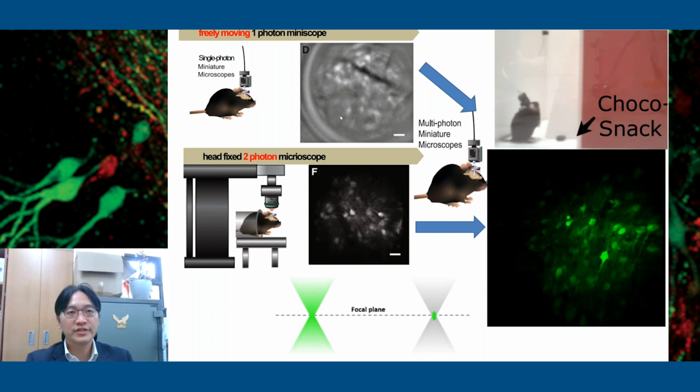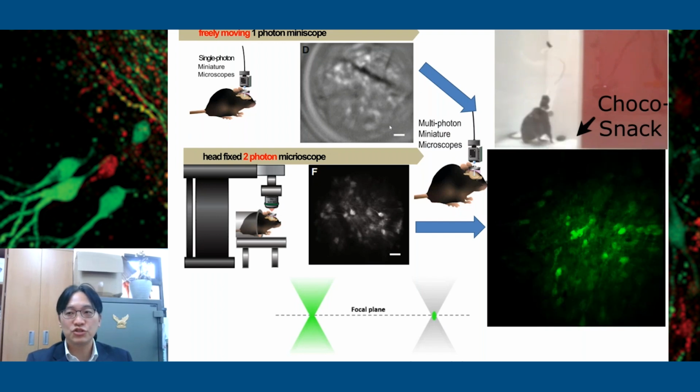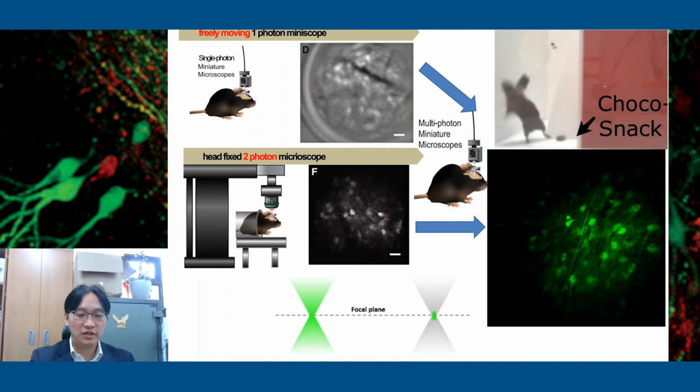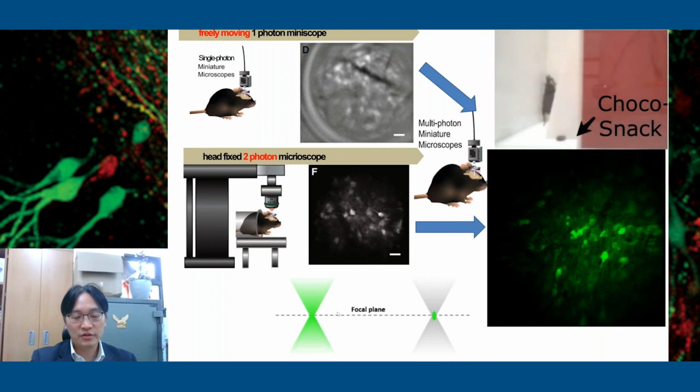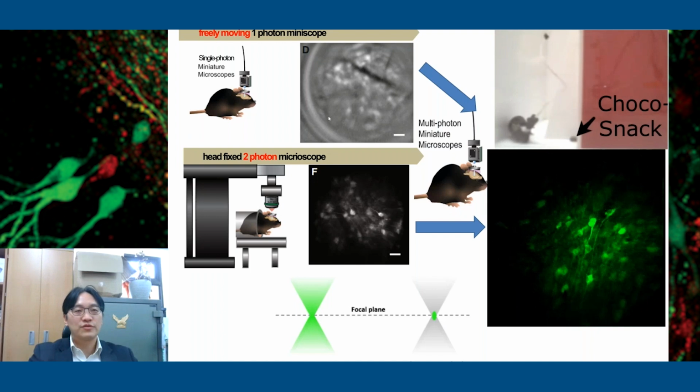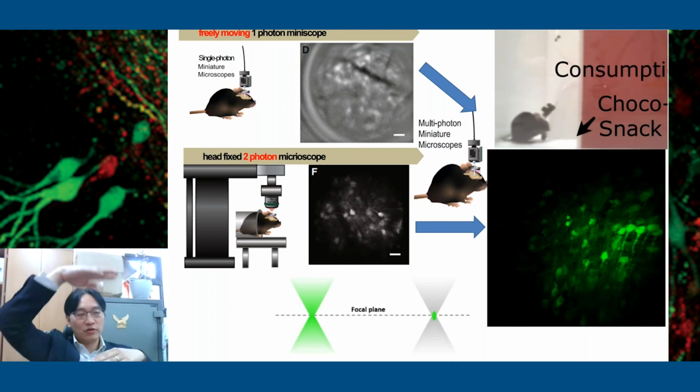But we always had this problem with the resolution of the image, since the focal plane is not exact. So that's one photon imaging that is just accumulation of the whole image, so we cannot really dissect in the Z stack, right?